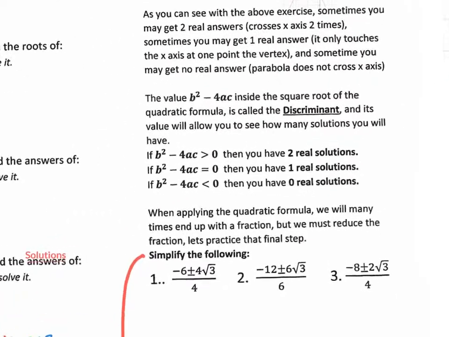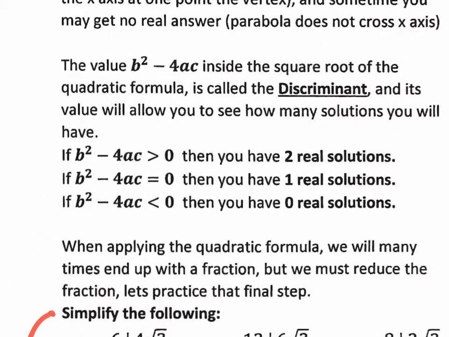Anyway, let's think about the discriminant value, which is the b squared minus 4ac, which is inside the quadratic formula, inside the square root. Now, if you're working on a quadratic formula and the inside of the square root ends up giving you a positive value, it doesn't matter if it's a nice perfect square number or not.